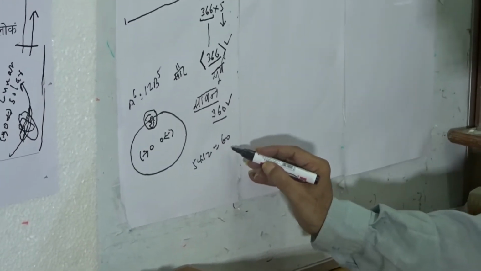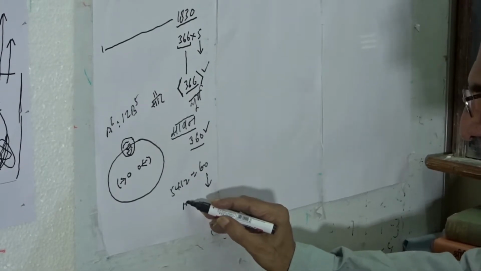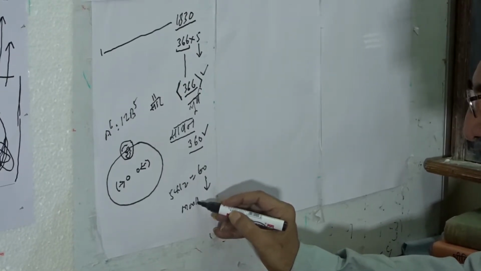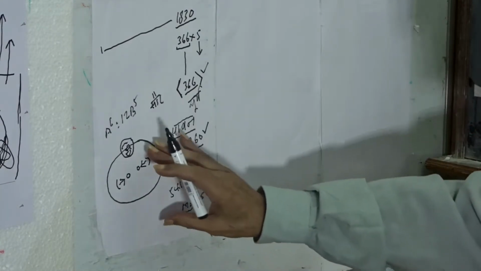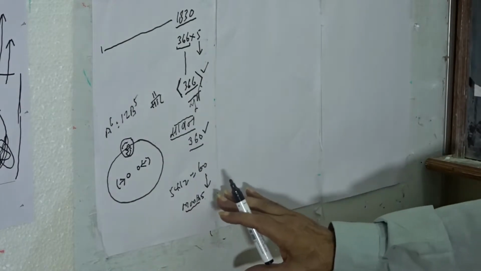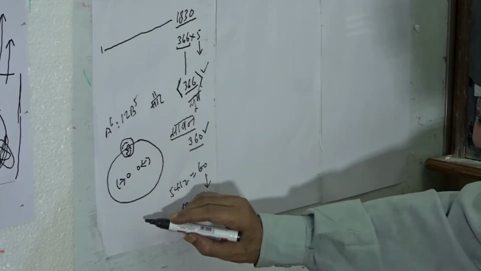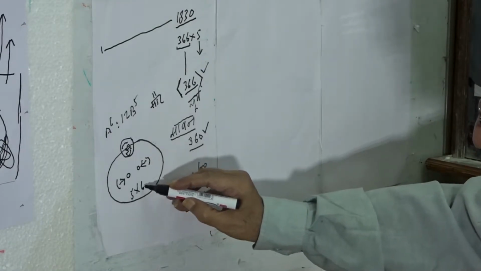And we know this is equal to the value of the 60 months. As such, this geometric format of 60 months is the format which is a format of 30 days. As we know, 5 into 6 is 30.